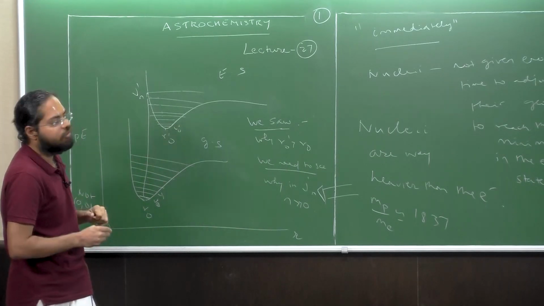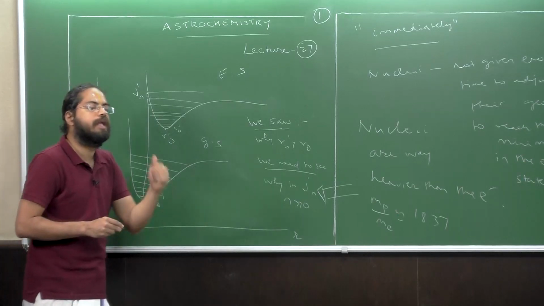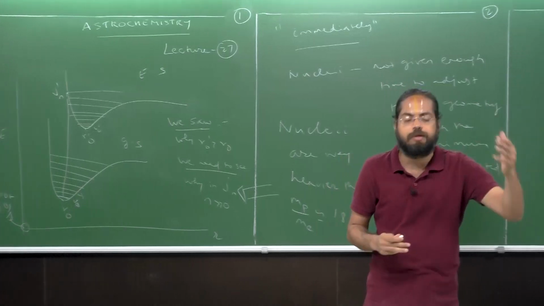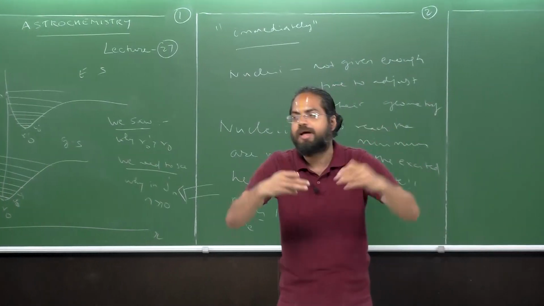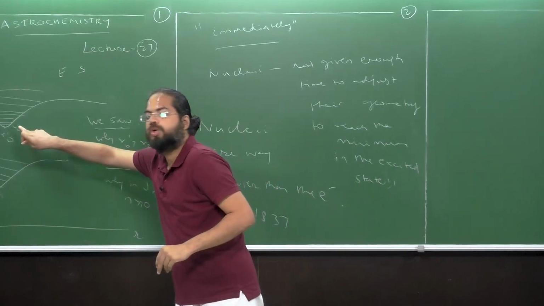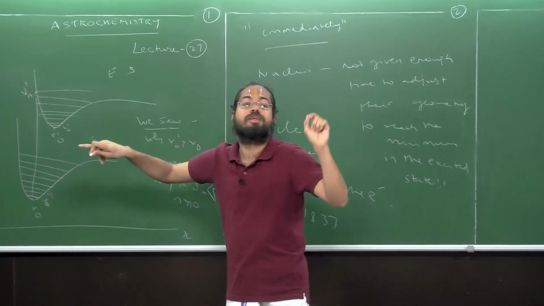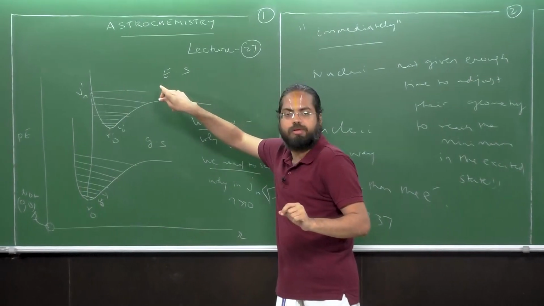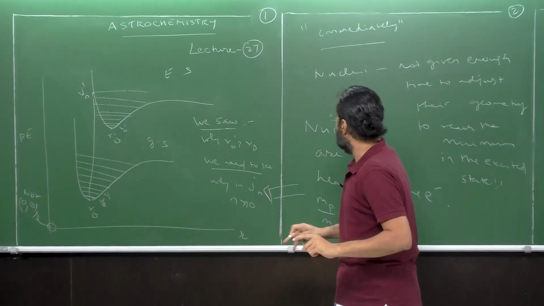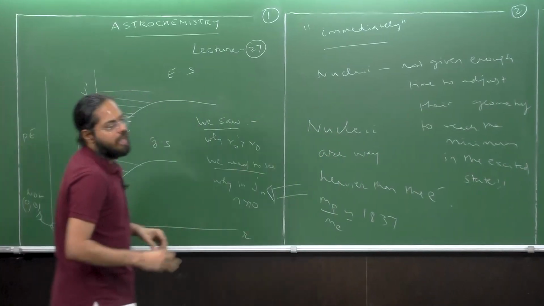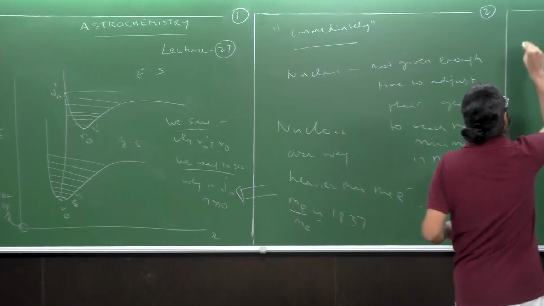That is why, immediately in any electronic excitation, because electronic excitation is always accompanied by changes in the vibrational state as well as the rotational state, you do not go to the ground vibrational state in the excited electronic state. So therefore, this energy transition, I'll just put it like that for the transition.